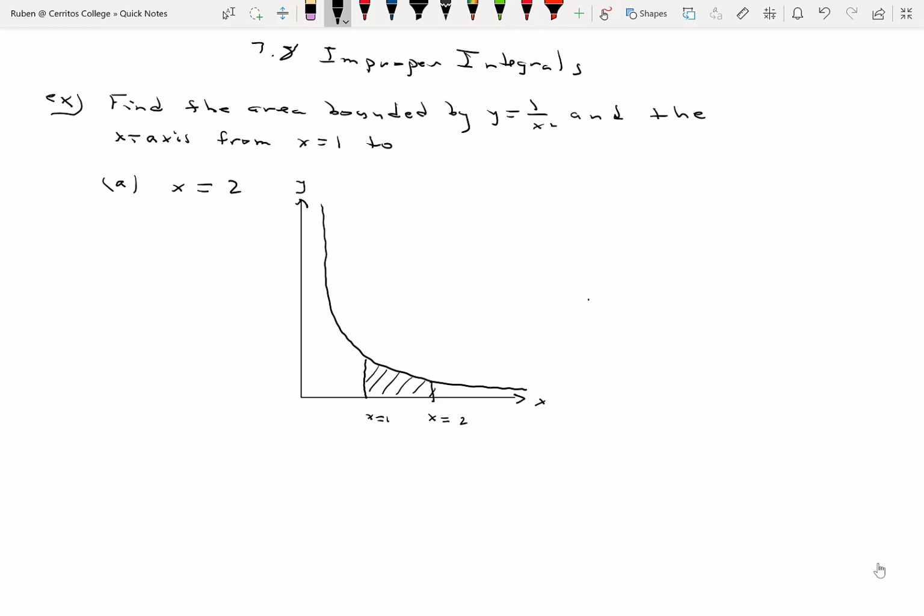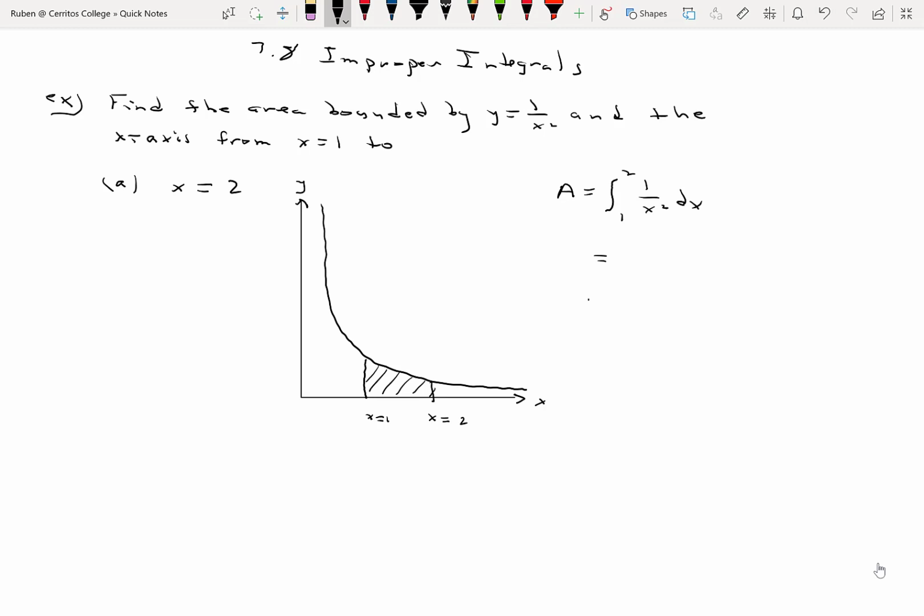What we do is integrate the function between the two limits of integration, x equals 1 and 2 in this case. So the area is the definite integral from 1 to 2 of 1 over x squared dx. Let's use the fundamental theorem of calculus.